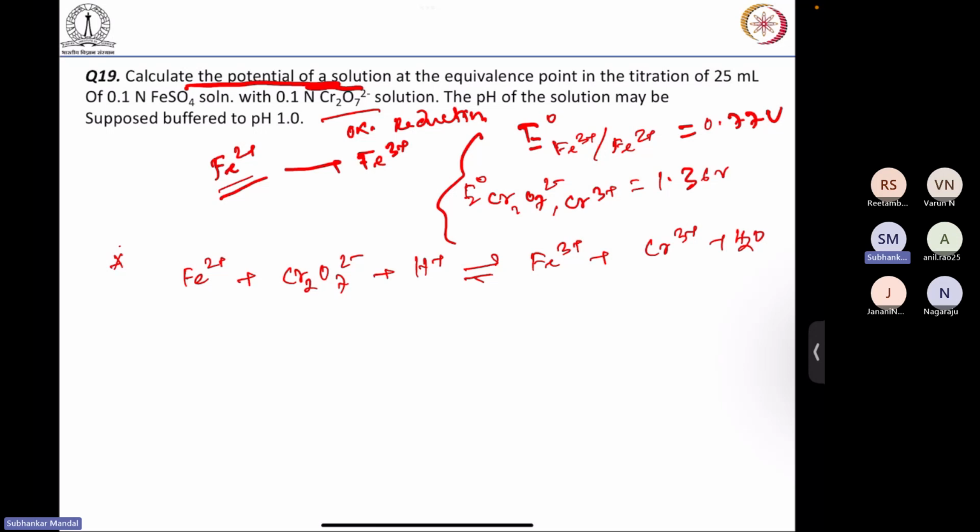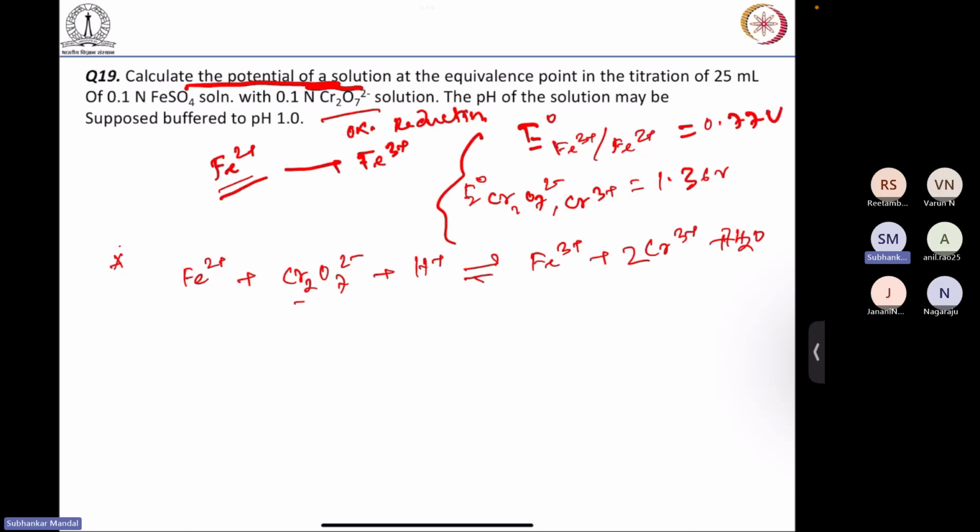Chromium 3+, this is Fe2+. People can also balance this equation. Chromium is 2, so here I can write 2. Oxygen 7, here H2O is also 7.